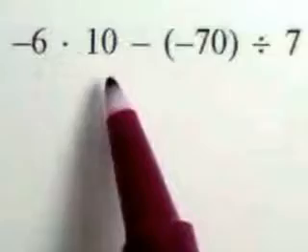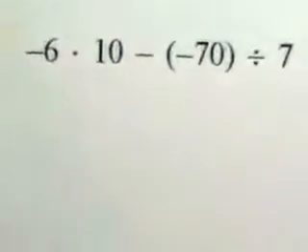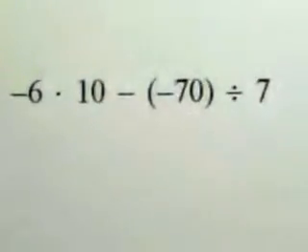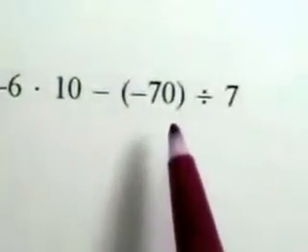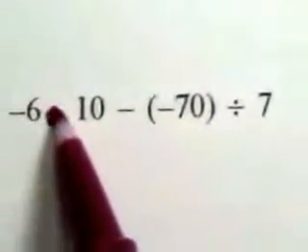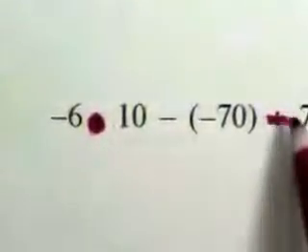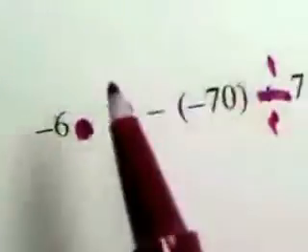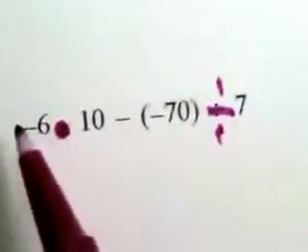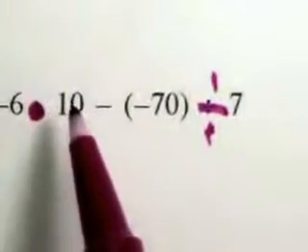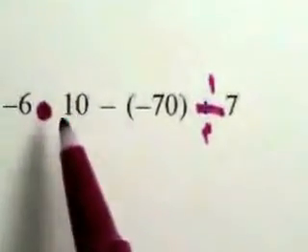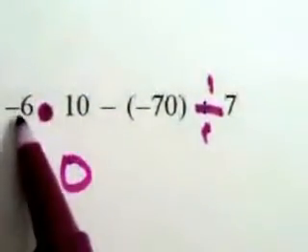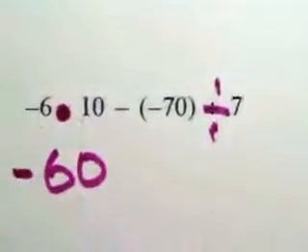Okay, now what we're going to do is do some problems that have both multiply and divide in them. So we have our times and we have our divide. First of all, let's do this one here. Negative 6 times 10. Well, 6 times 10 is 60, and there's 1 negative, so therefore this is negative.